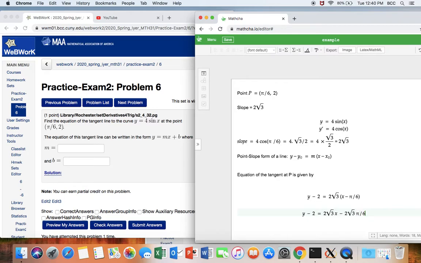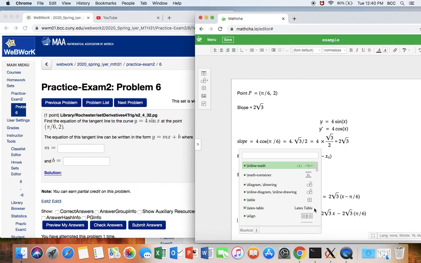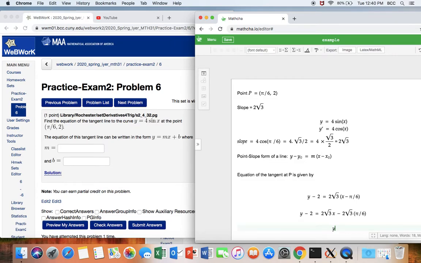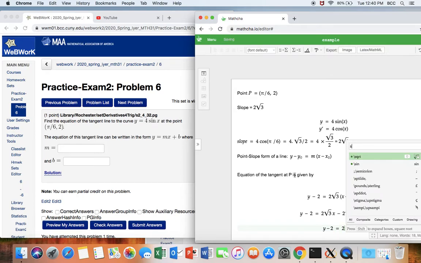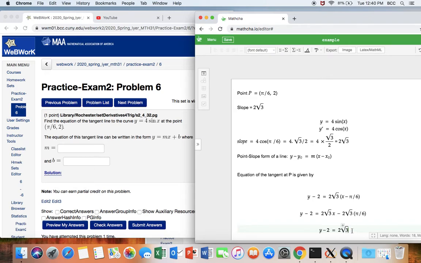Now this looks bad if I write it like this. So why don't I place parentheses? Now it makes more sense, right? But how do I simplify this some more? So I have y minus 2 equals 2 square root 3 times x, that's good, minus 2 square root 3.